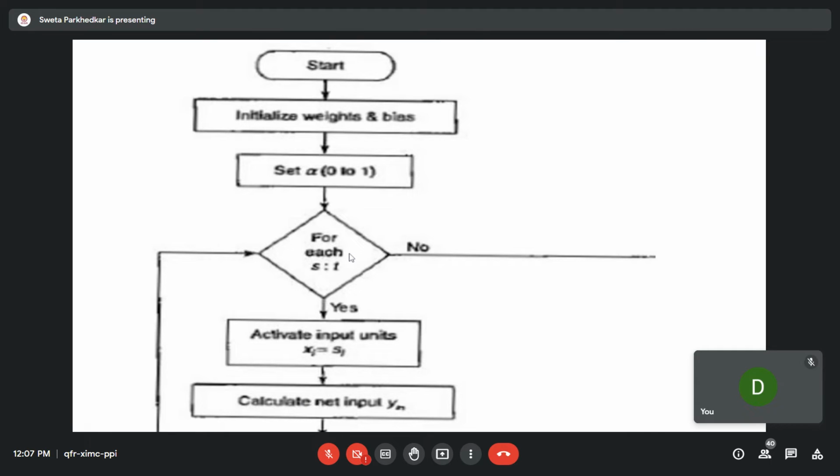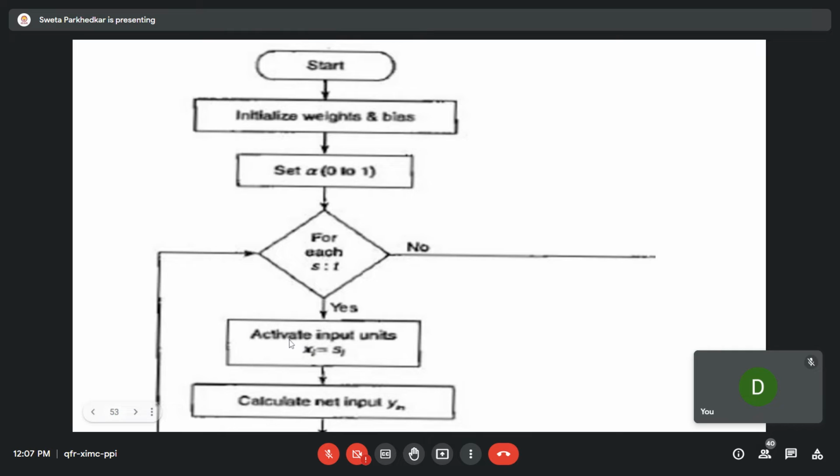So the first stage is to initialize the weight and bias. Set alpha, which is your learning rate. It can be a binary or bipolar target, -1 or +1, or it can be binary 0 and 1. Now for each input and output pair, you give the activated input units.